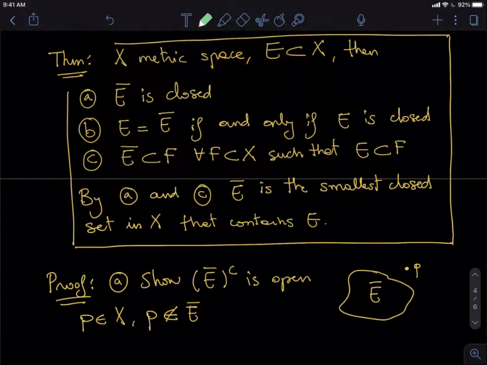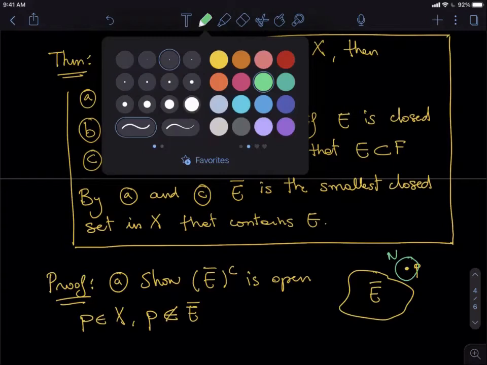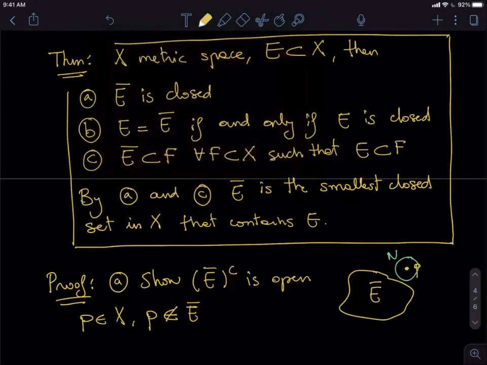So I need to take a point in the complement, a point P that doesn't belong to the closure, and then show that there is some neighborhood around P that doesn't touch the closure of E. So that's our goal. Let's get to it.